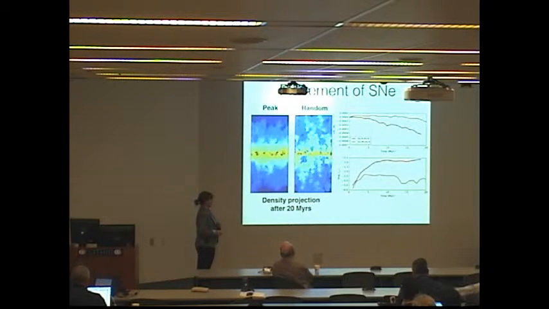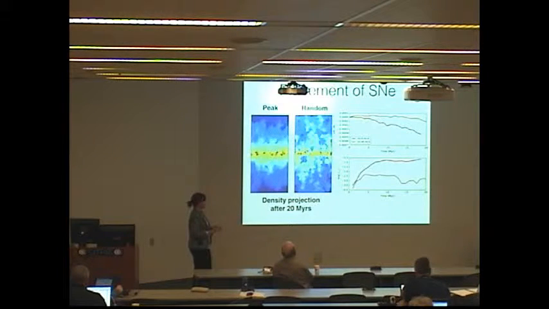If you then look at the porosity of the medium, so the fraction of the volume covered by hot gas, in the peak driving case, you sort of equilibrate to something that is 1% or so, but in the random driving case, you jump rapidly and you plateau to a much higher value. So your medium is much more porous.